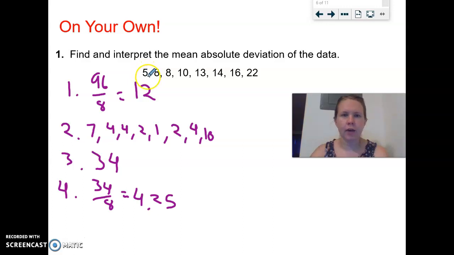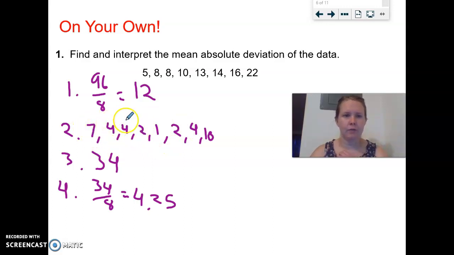From 5 to 12, 5 plus what would give me 12? Well, that's 7. 8 plus what gives me 12? 4. Okay, keep going. And then you can reverse the roles when you get higher. 13 minus 12 would be 1. 14 minus 12 is 2. So I'm finding my distance between all the points. Step number 3 is to take everything from step 2 and add it together.